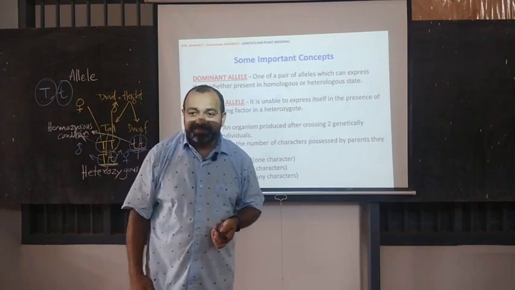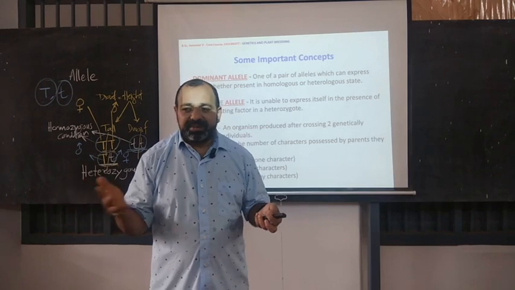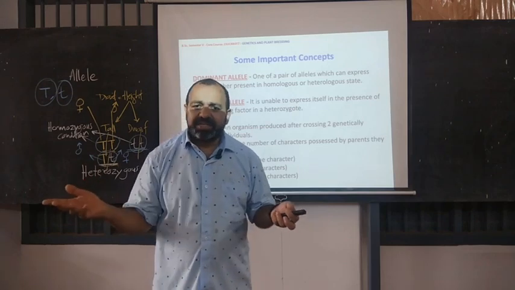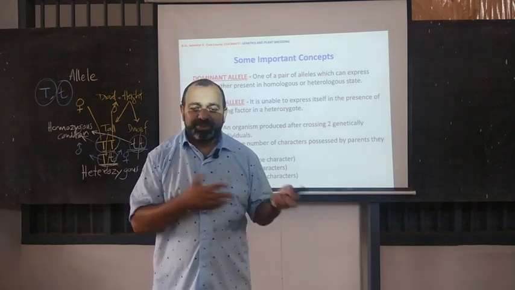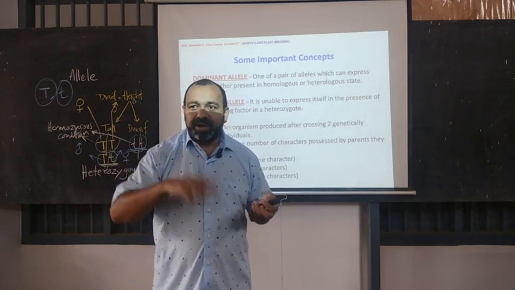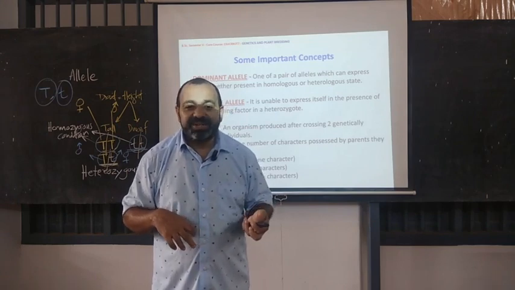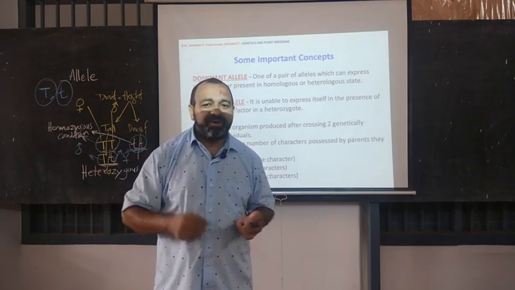That's why we can have a hybrid cow. The best common example in our locality is Swiss brown. It's a combination of two separate, genetically different individuals, a cow and a bull.